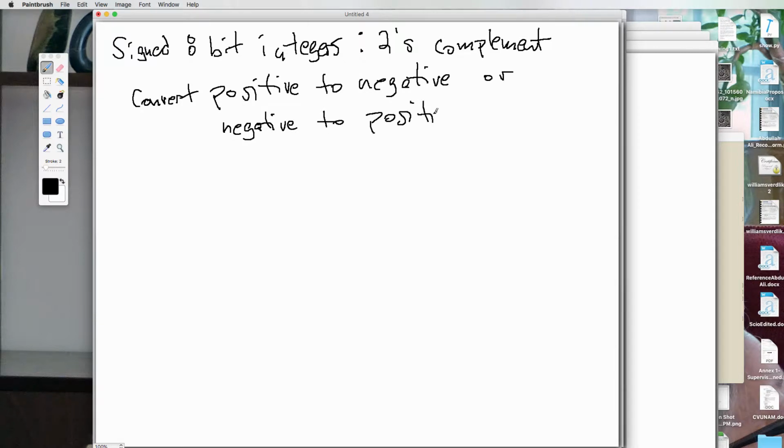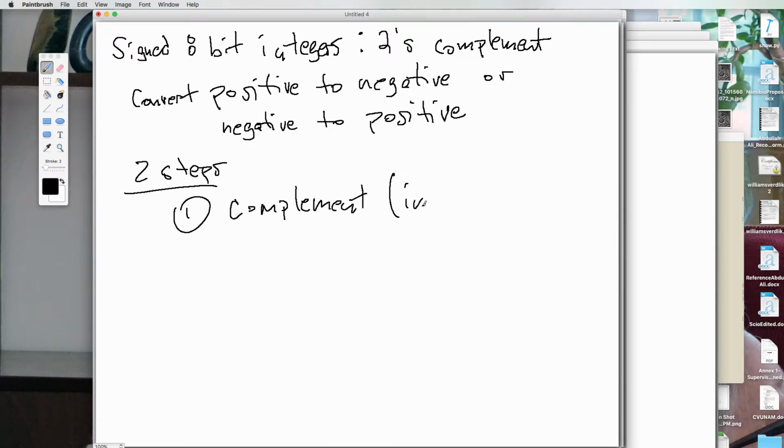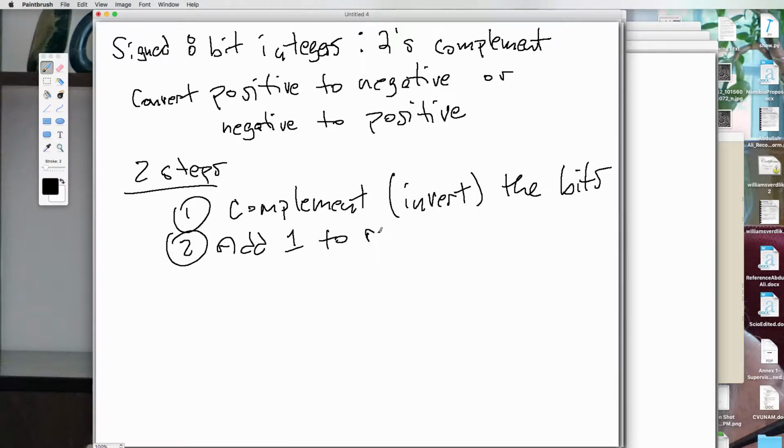it's a 2-step process. So there are 2 steps. So the first step is complement, which is another fancy way of just saying invert the bits. And then number 2 is you add 1 to the result from 1.